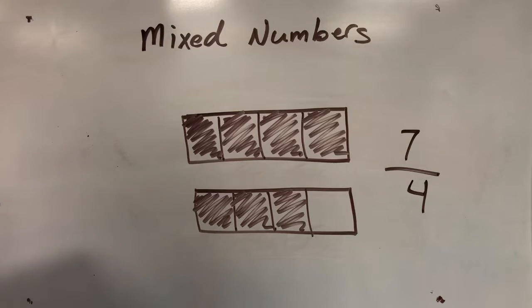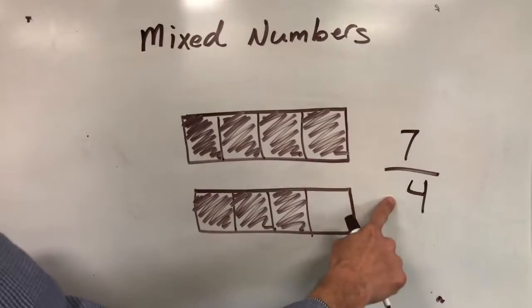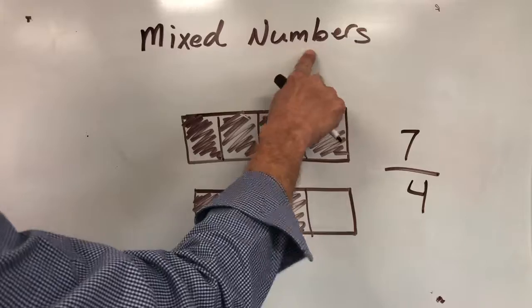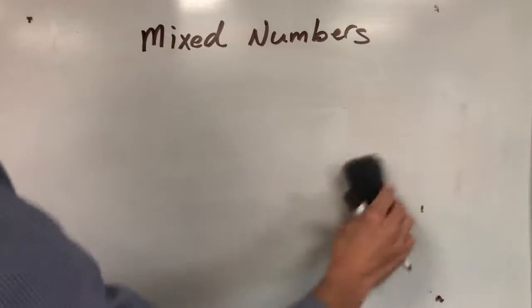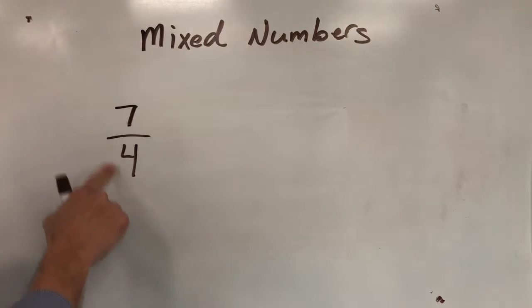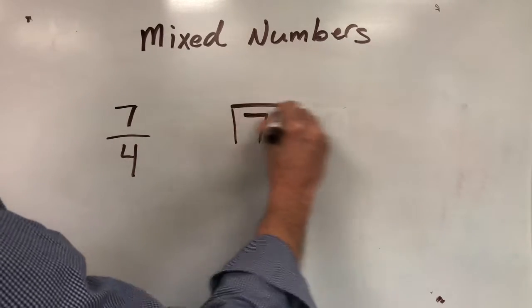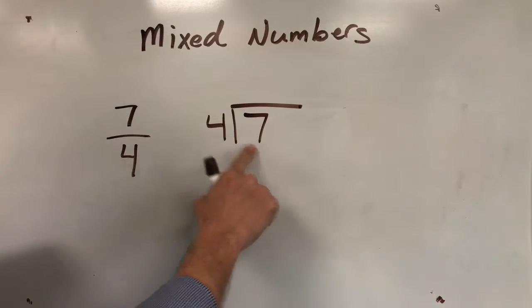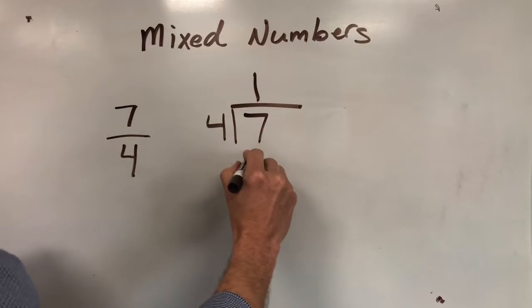Now, this is called an improper fraction. The top number is bigger than the bottom number. In order to figure this out as a mixed number, not an improper fraction, let's look at just the numbers here and rewrite this. 7 over 4. We have to work this as a division problem. 7 divided by 4. 4 goes into 7 one time, and then 1 times 4 is 4.